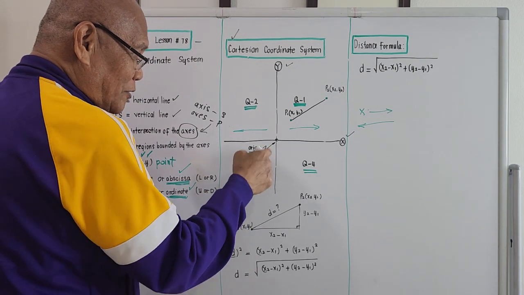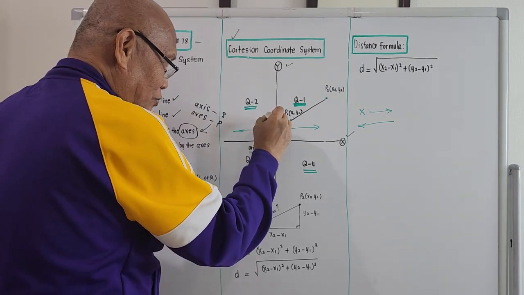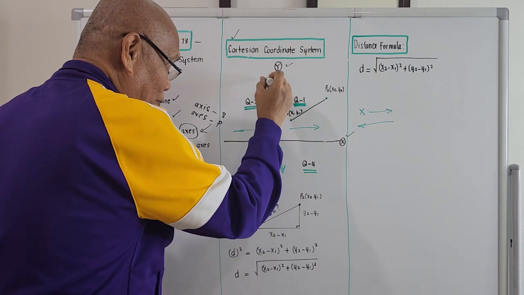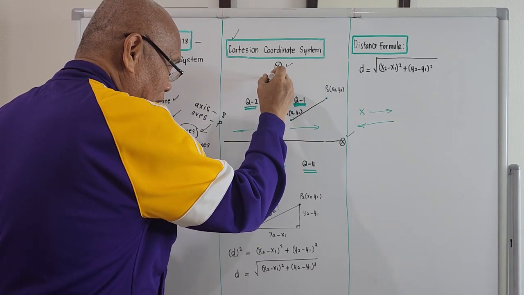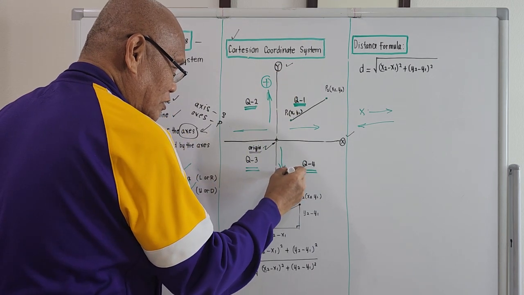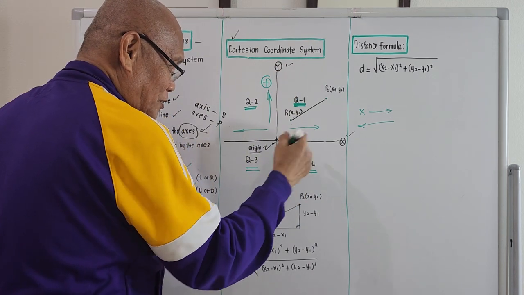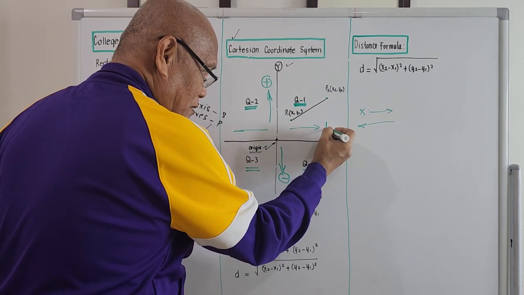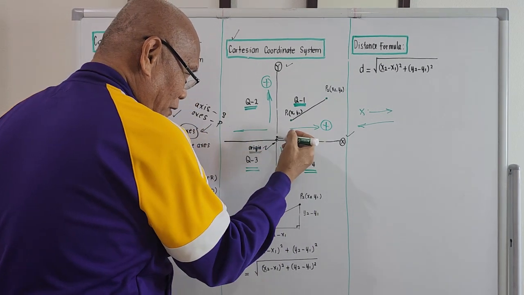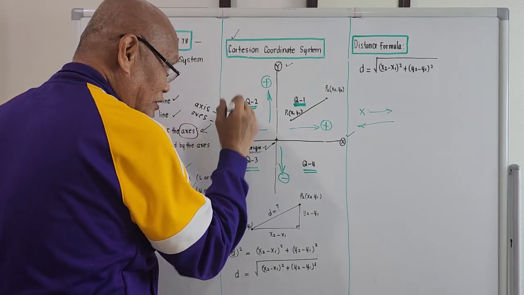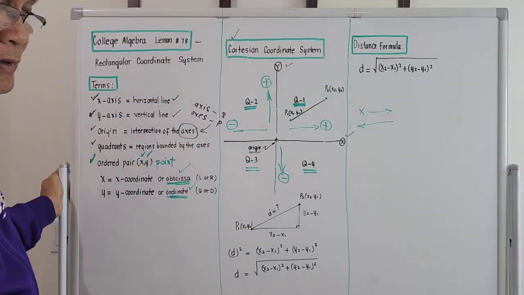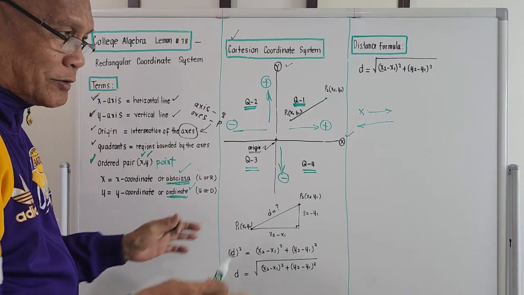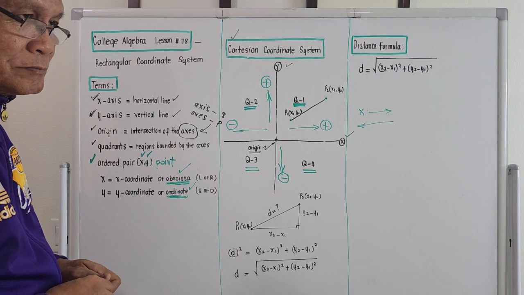And if you are plotting the ordinate, you either go up or go down. Going up will be plus, going down will be minus, that is for the ordinate. For the abscissa, if you plot to the right, it is plus, and if you plot to the left, it is minus. As simple as that. So at least we now know how to plot a point on the Cartesian coordinate system.